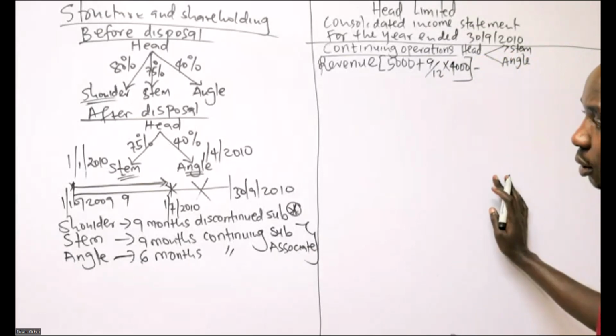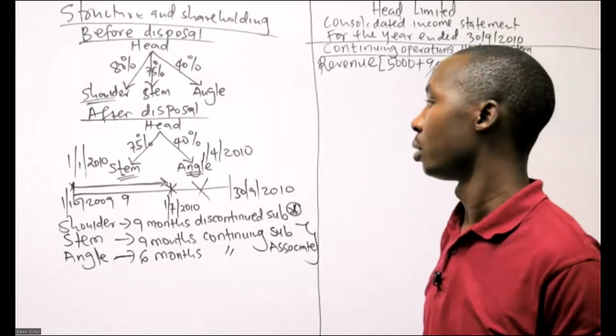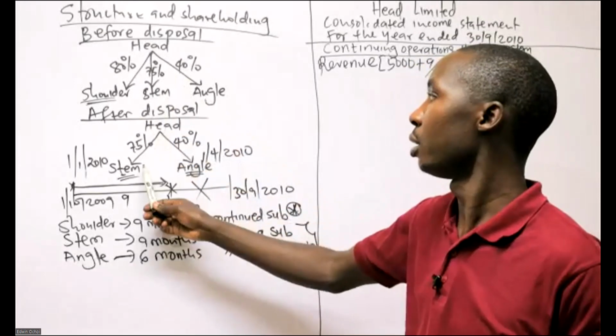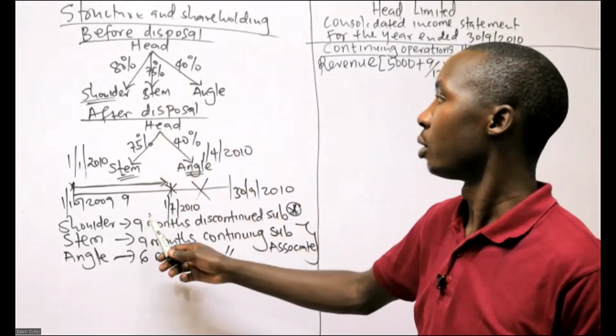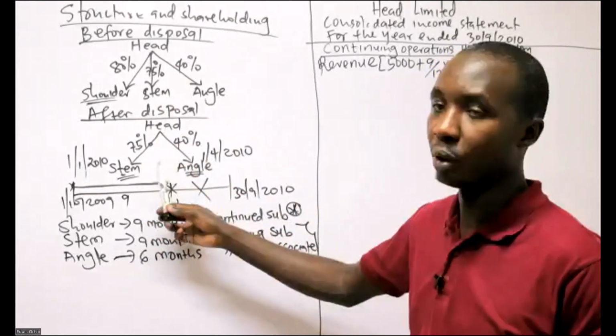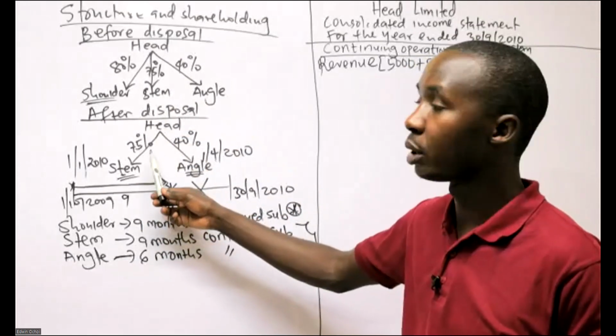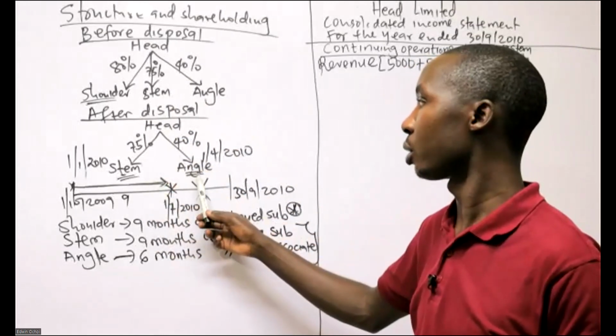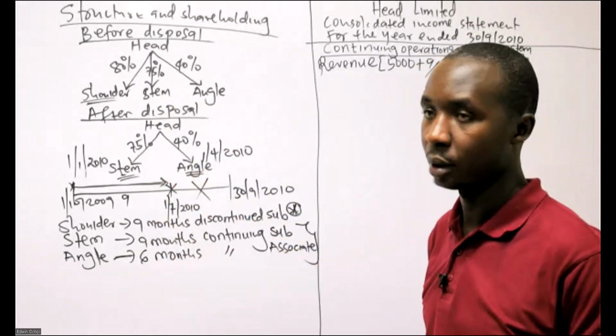So the intergroup sales of who and who? Remember, for now we are dealing with the 3 companies: Head, STEM, Angle. The items we eliminate on consolidation are those which occurred between the parent and subsidiaries. We don't eliminate transactions with the associates.